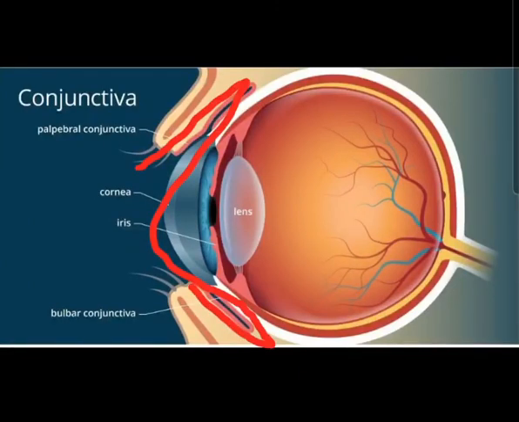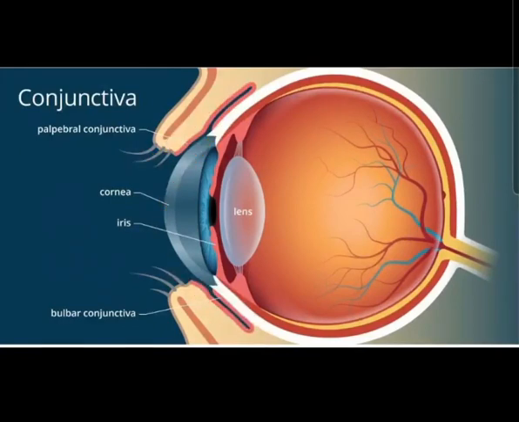Being a transparent layer, it covers the eye and protects it from germs or other dust particles. There is one disease which is related to the same layer. The name of the disease is conjunctivitis. It is a viral infection, and due to this infection, this layer turns red in color.